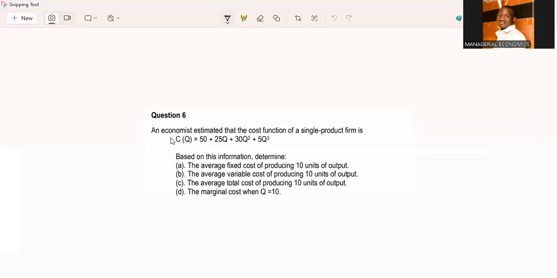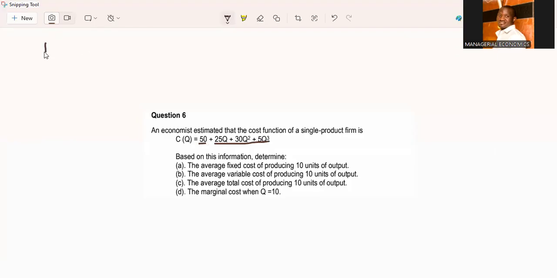So our total cost has two components. The part that has no letters is called the fixed cost, and the part that has letters is called the variable cost.